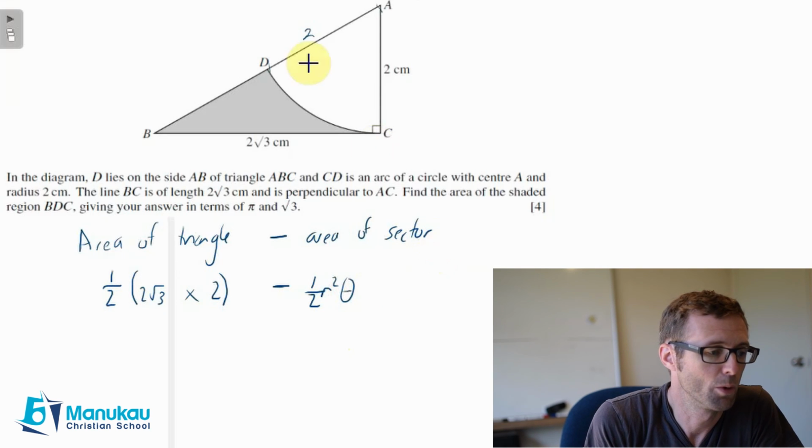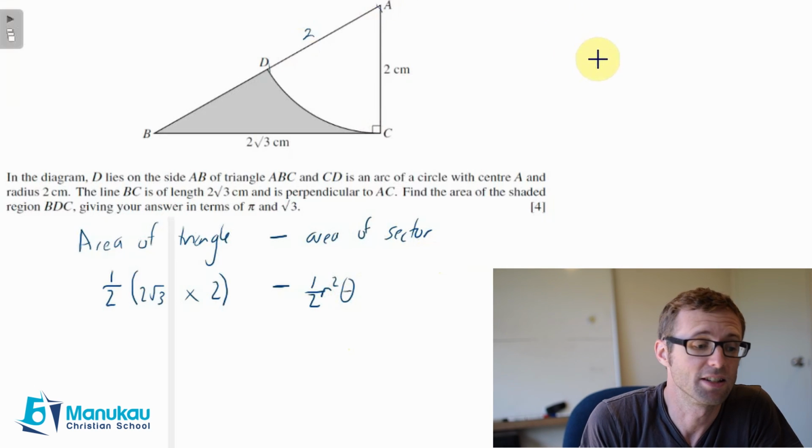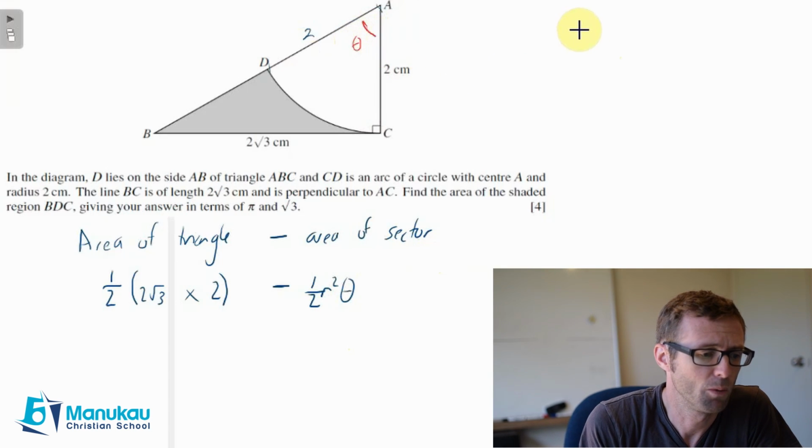Now we want to work out over the side here what theta is. Theta is this angle here. How do we figure out what theta is? Well, we can see this is a right angled triangle, and this is our opposite, and this is our adjacent. So we can use simple trigonometry.